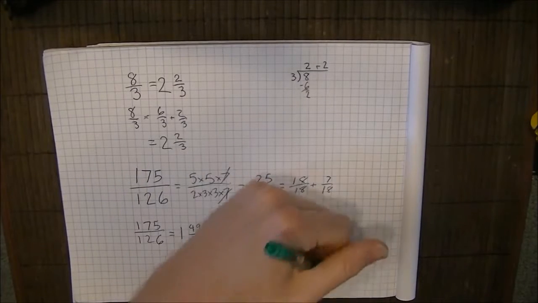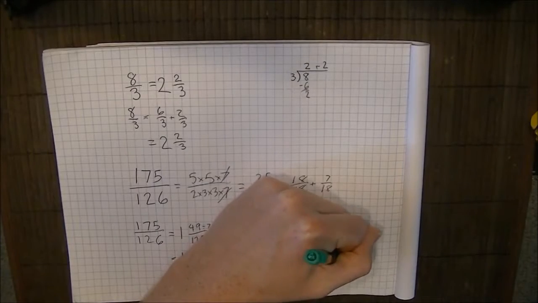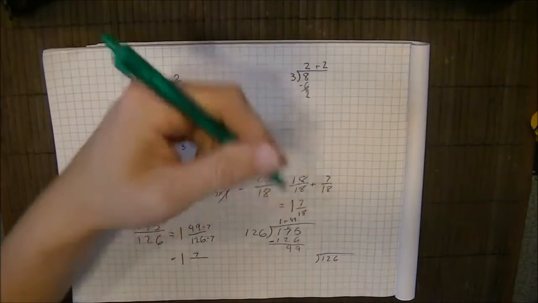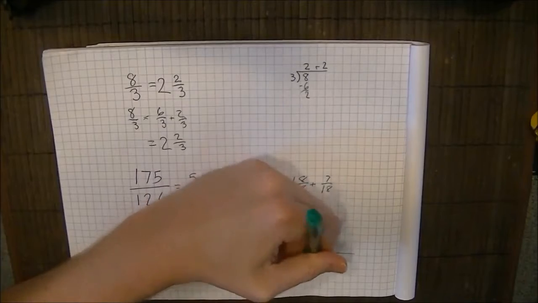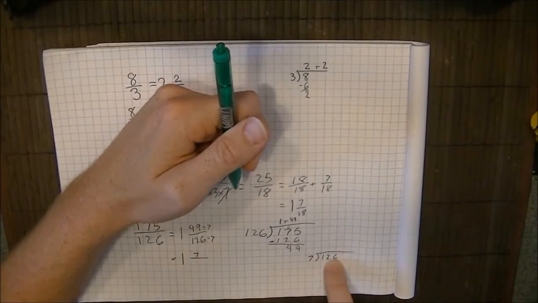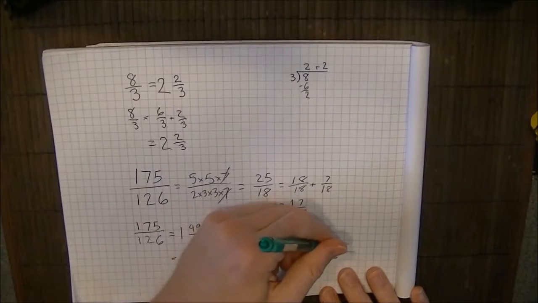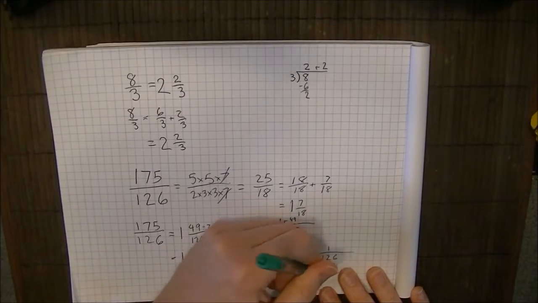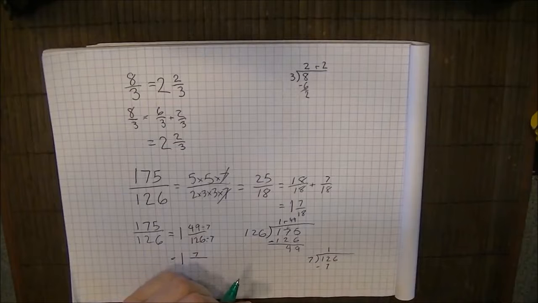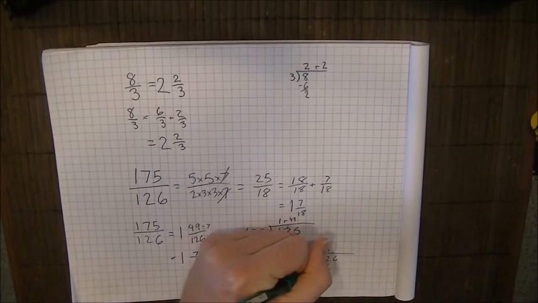126 divided by 7, well, let's just quickly sketch that out over here. I know we know the answer is 18, but let's just say we didn't know that. 7 goes into 12. How many times? Once. 1 times 7 is 7. 12 minus 7 is 5.